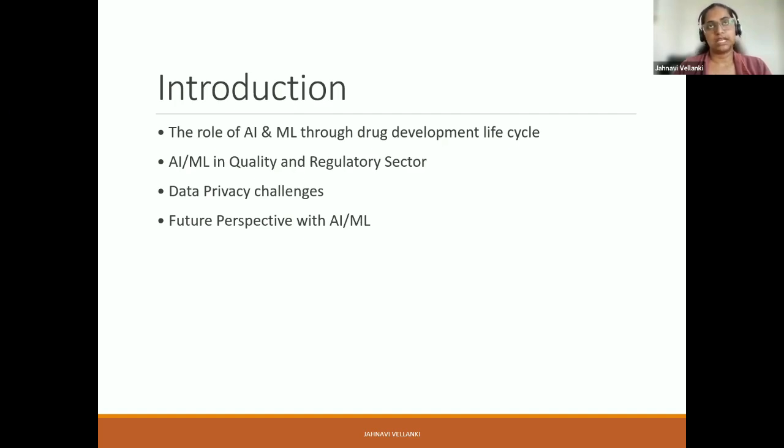Towards the end, we shall also discuss how AI can integrate with blockchain, and how data transparency can play a crucial role in post-market surveillance. Those are some of the topics we will go through in detail today.